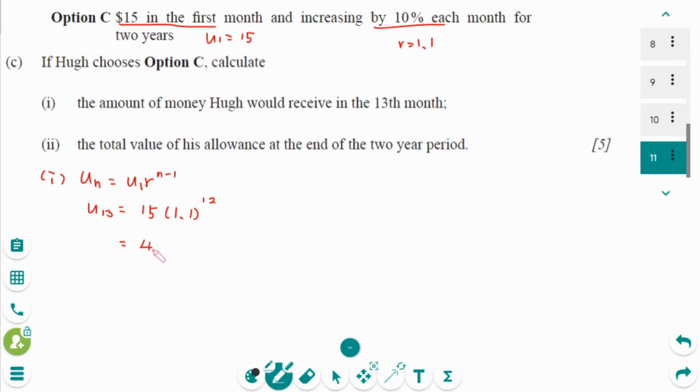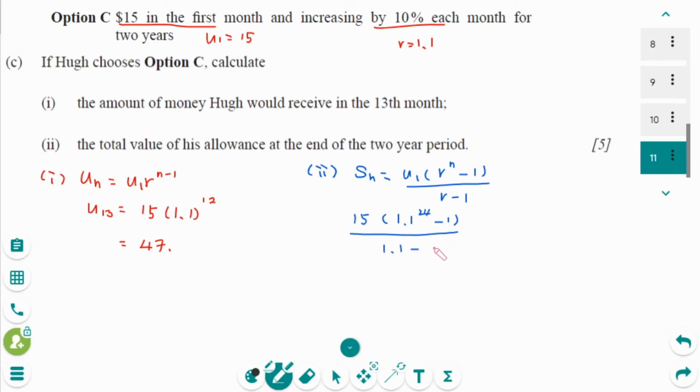The final answer is 47. Number 2, Sn equals u1 times r to the power of n minus 1 over r minus 1. So 15 times 1.1 to the power of 24 minus 1 over 1.1 minus 1 equals 1327.